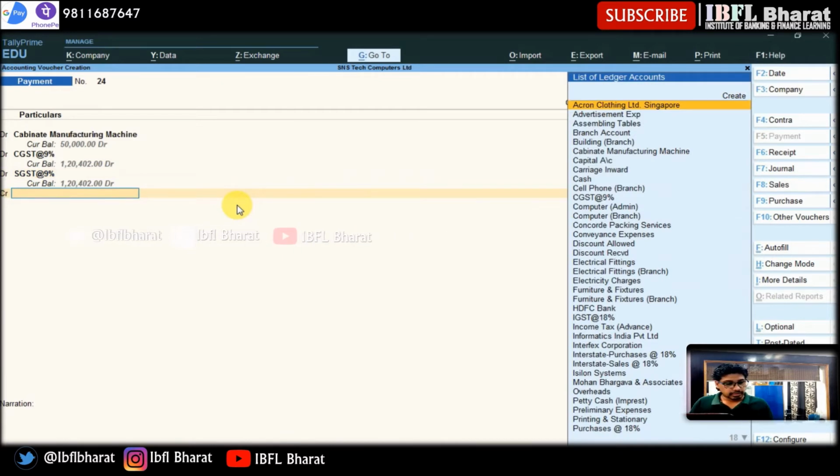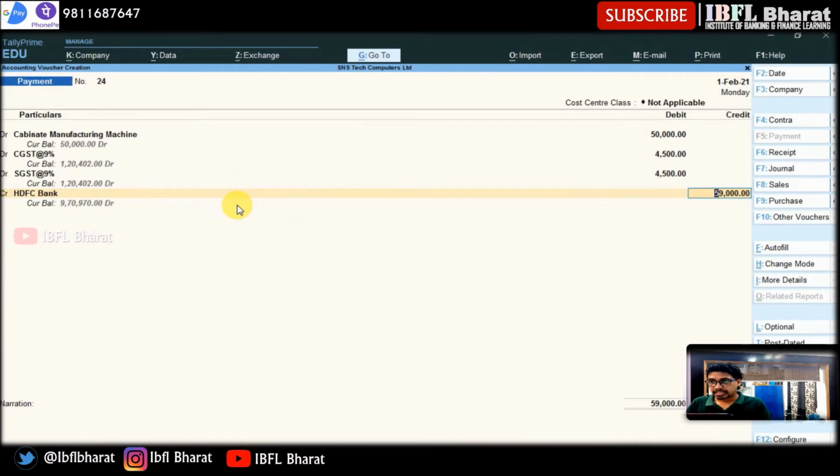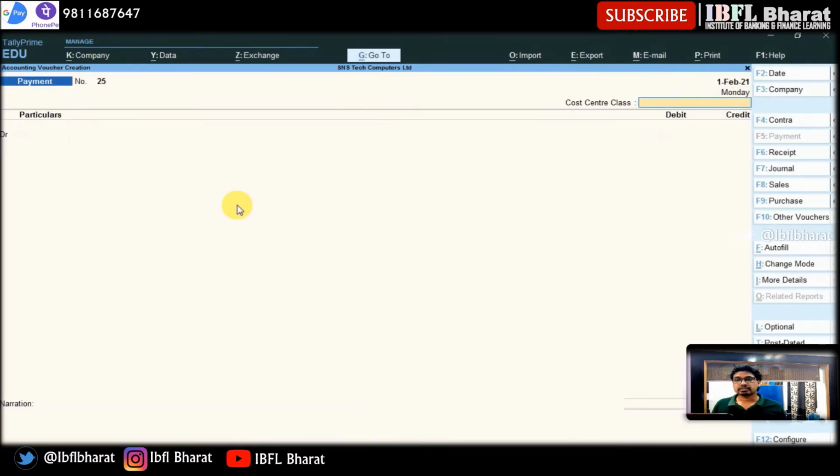And at last, we are making payment through HDFC Bank check, and this will be the amount 59,000 in total. This will be our invoice, and as it is an invoice, we are adjusting CGST and SGST with our other items we are manufacturing or assembling and selling.